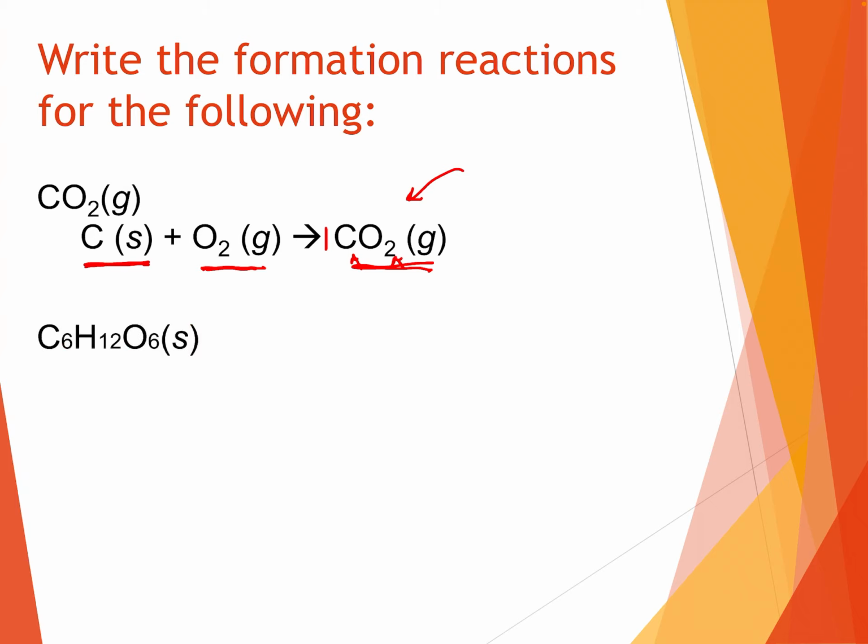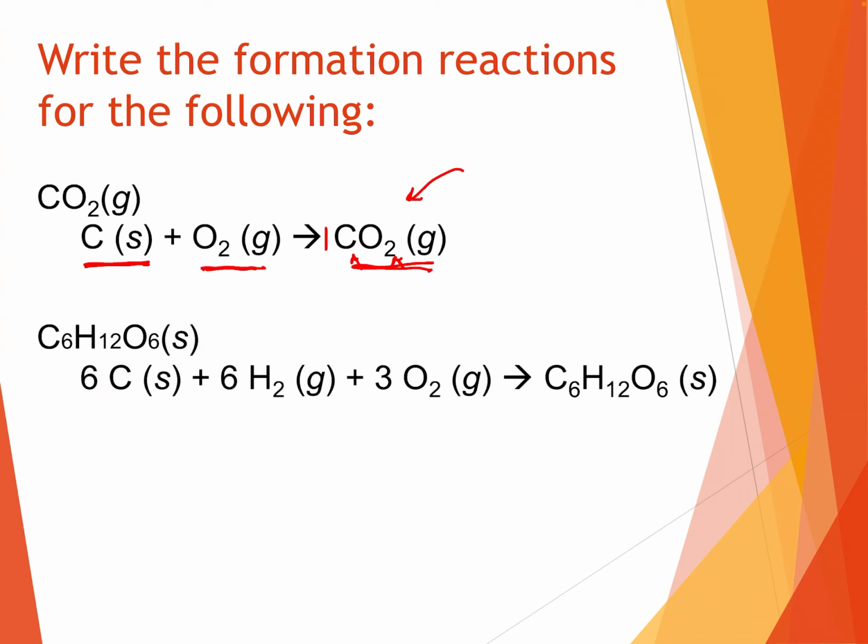Let's try another one, a little bit trickier. C6H12O6. So this is sugar, right? This is going to be a solid, and so we need to figure out how we would form sugar from its elements. Again, we're going to have carbon and oxygen like we did before, but we're also going to have hydrogen, which is also diatomic. So it'll be carbon plus hydrogen plus oxygen.